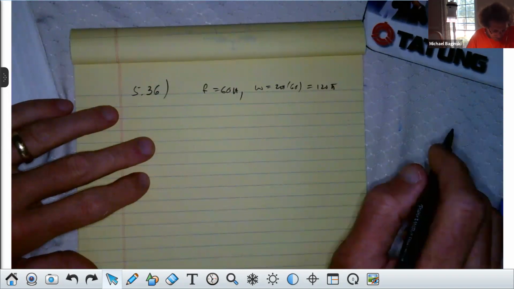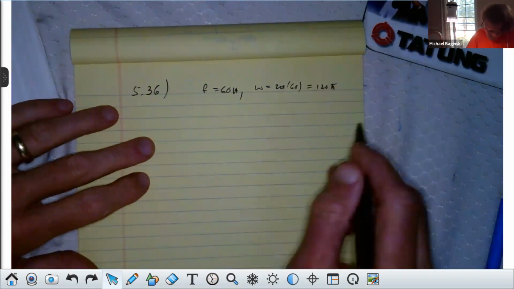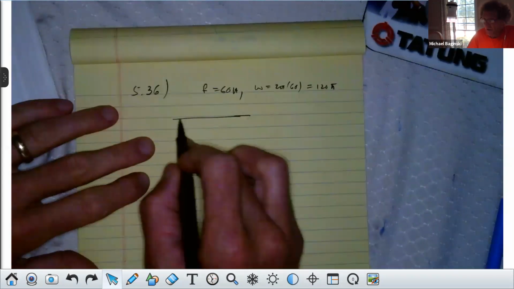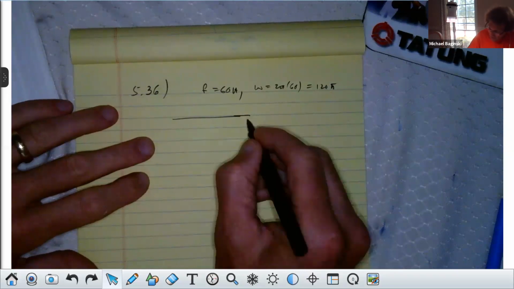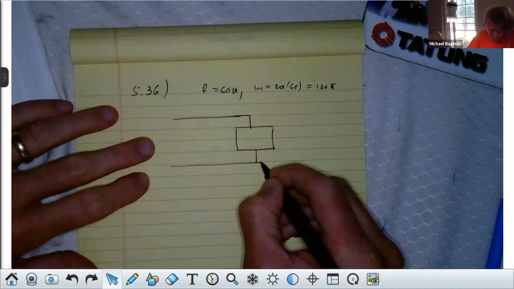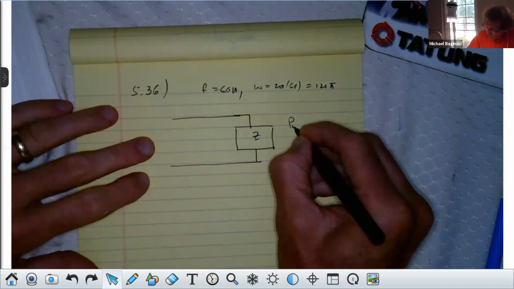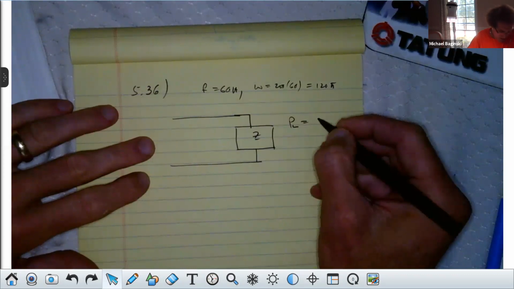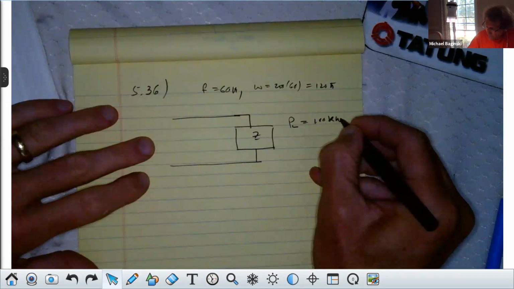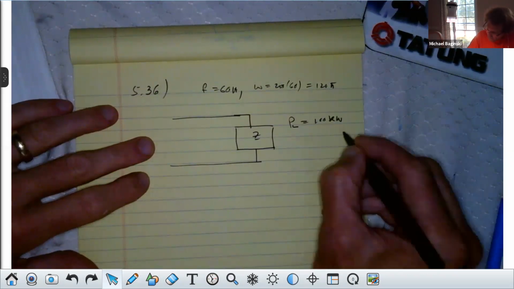Next after that, we see we have a load of 100 kW, so draw it. You'll notice there's nothing in the actual line, no impedance yet in the line. And we have a load here that's going to consume an actual power in the load of 100 kW. Right? Then it has a power factor here of 0.7 lagging.